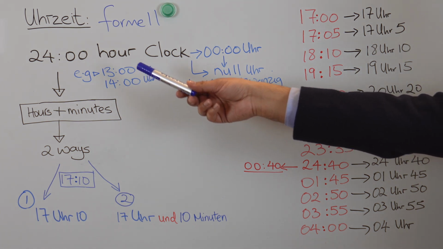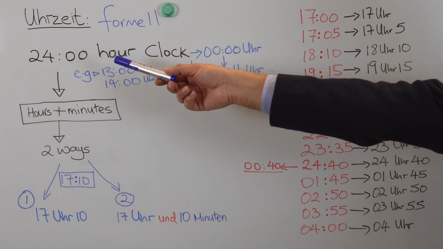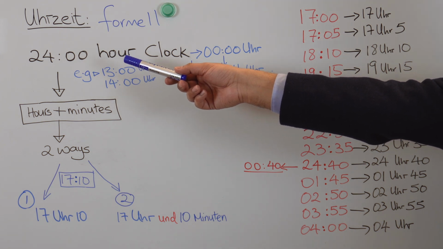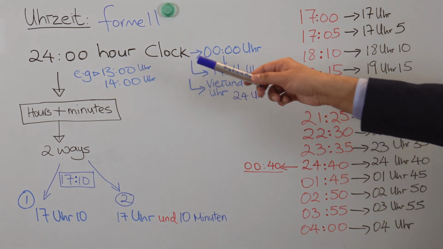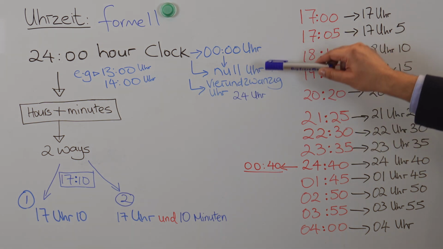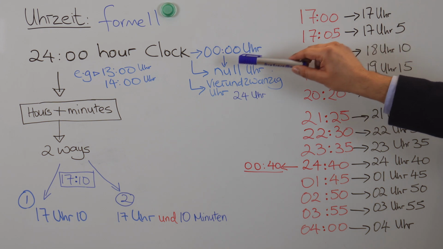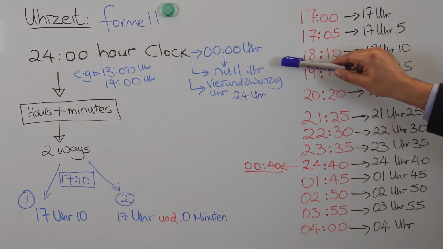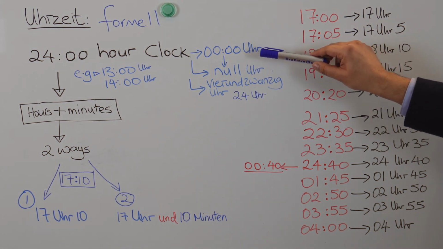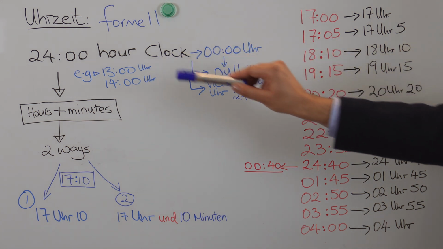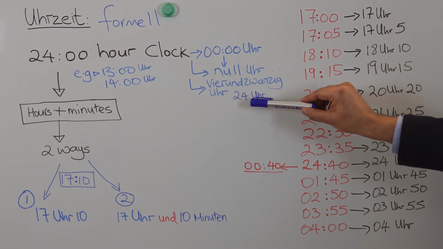And for 12 at night, in German you can call it 0 Uhr, that means 0000, or the other way of writing the 24 hours is 24 Uhr.